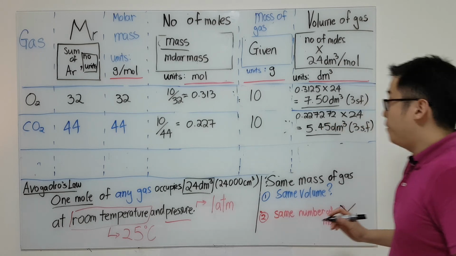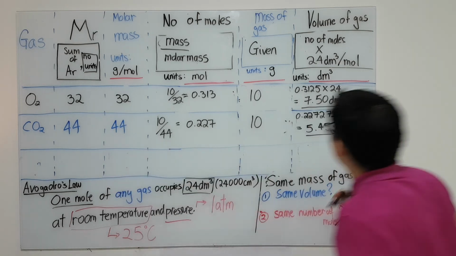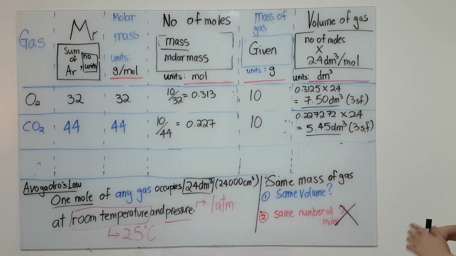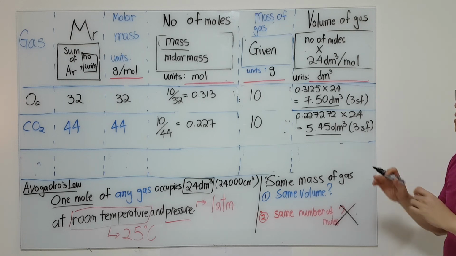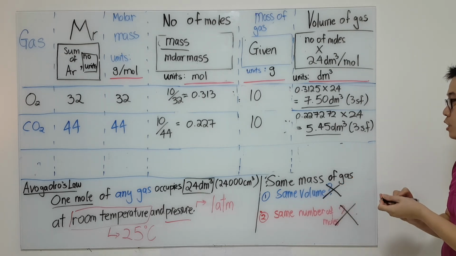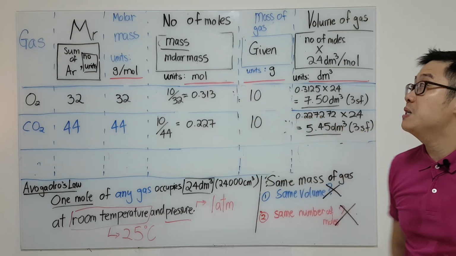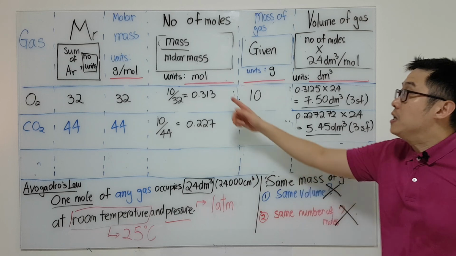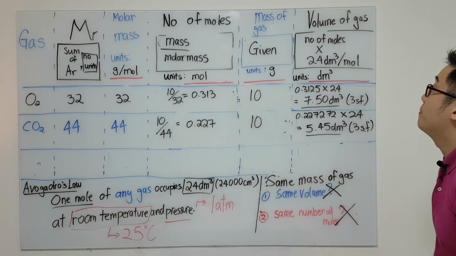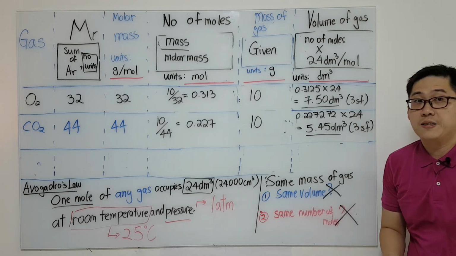So, students, you can clearly see that the volume with the same mass of gas is no longer the same. The conclusion: if I have the same mass of gas for different gases, I will obtain different moles of gas, and from there, obtain different volume of gas.